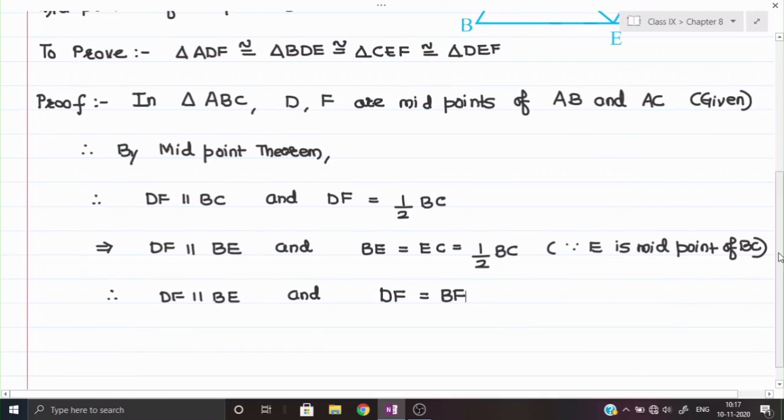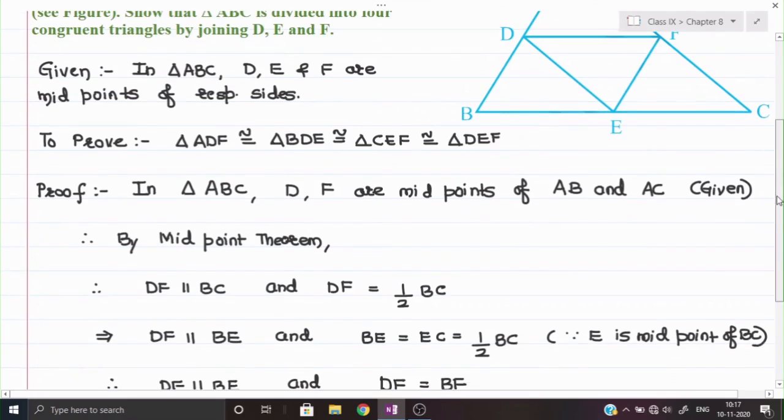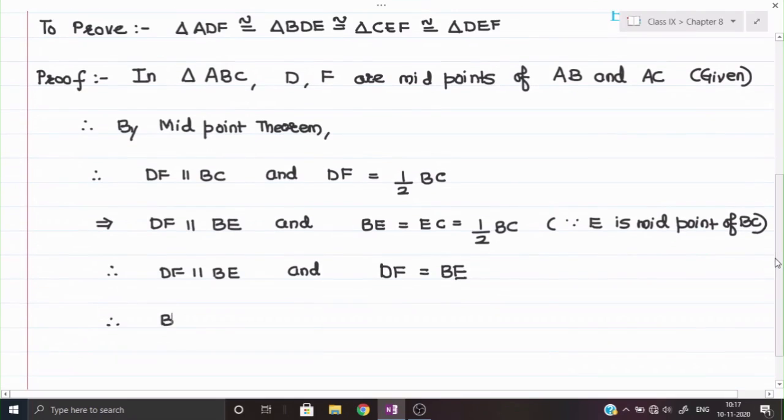So we can say that therefore BDFE is a parallelogram. Now I told you, you will come to know a little later why we are proving this is a parallelogram.